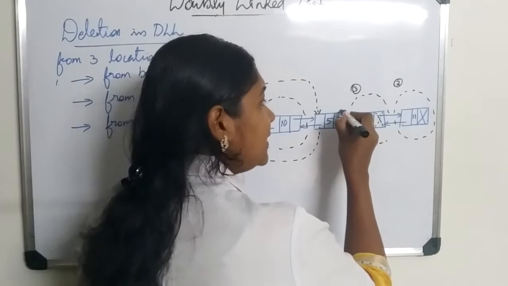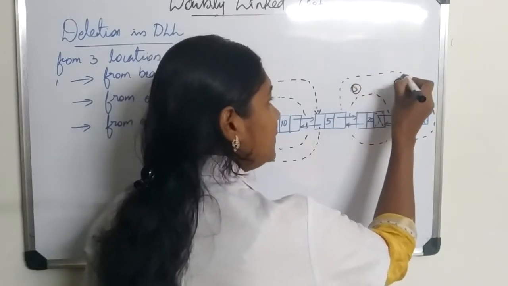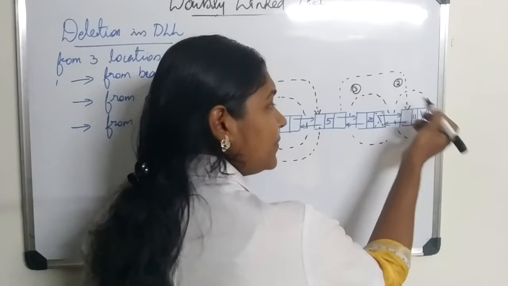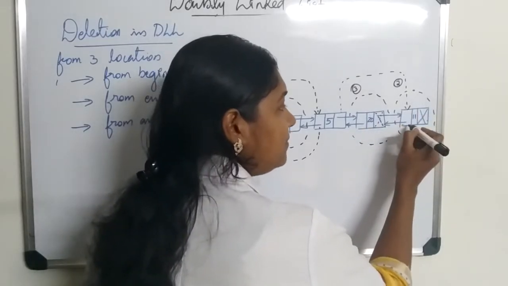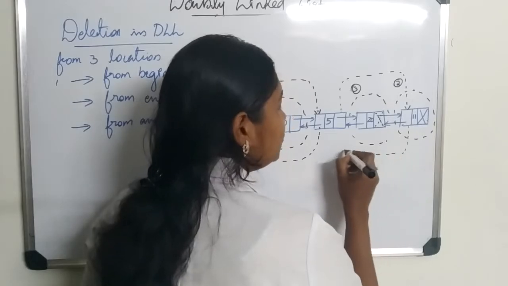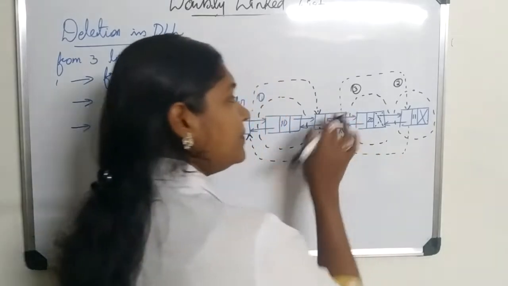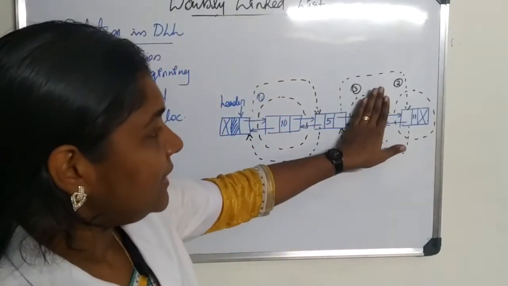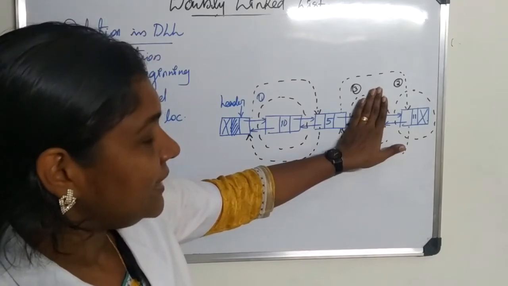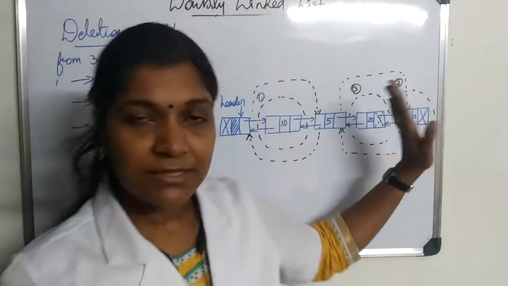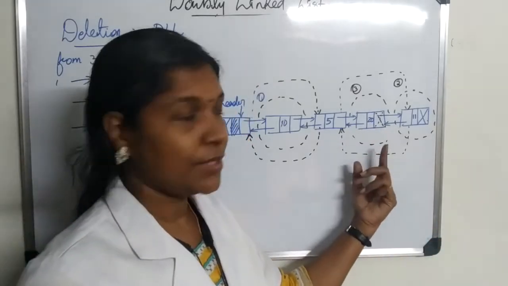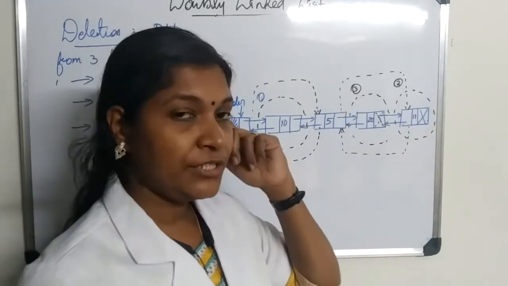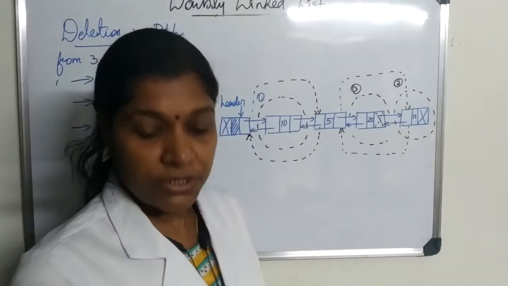The next pointer of the previous node should point to the next node of the node to be deleted. Then the previous part of that next node should be pointed to the previous node. Even after deleting this node, the linked list should exist as such, without this node. These are the rearrangements required after deletion in each of the cases.